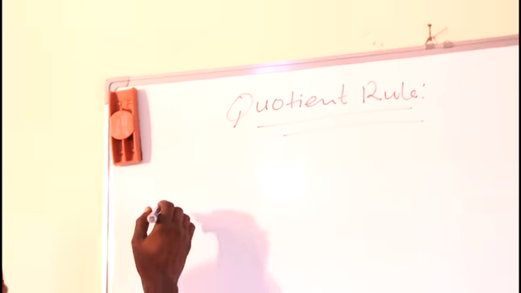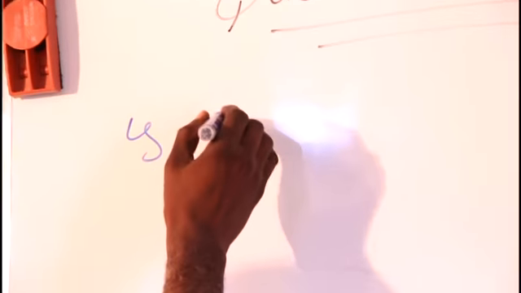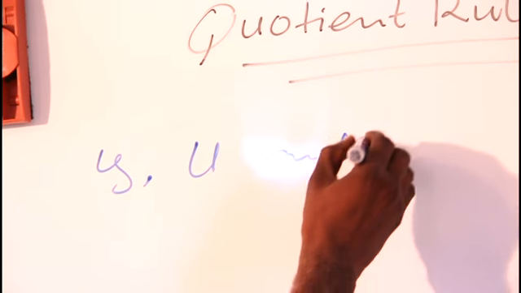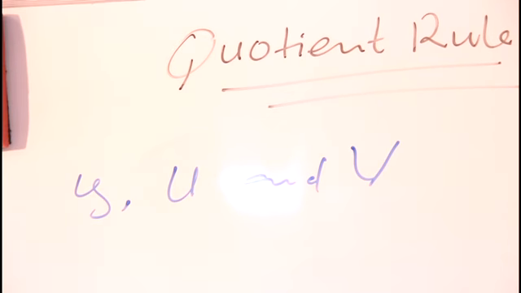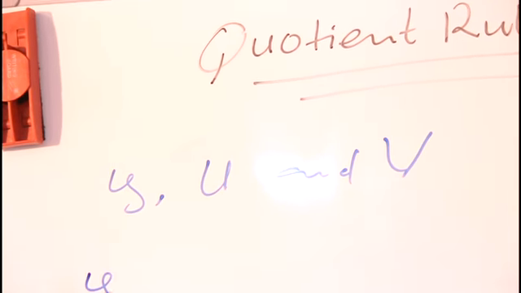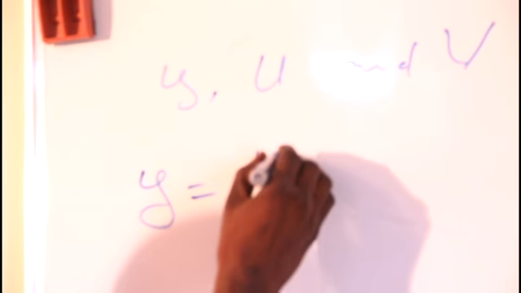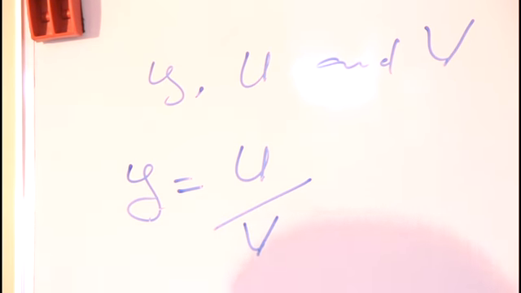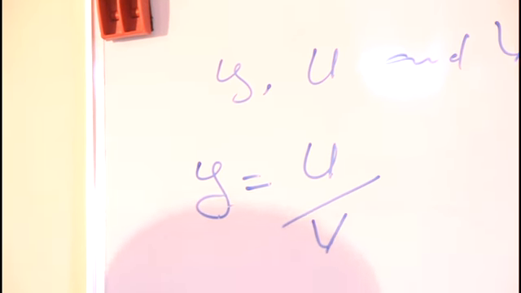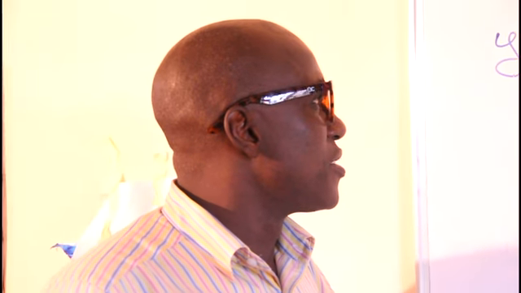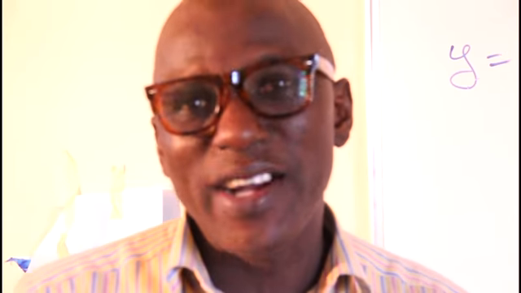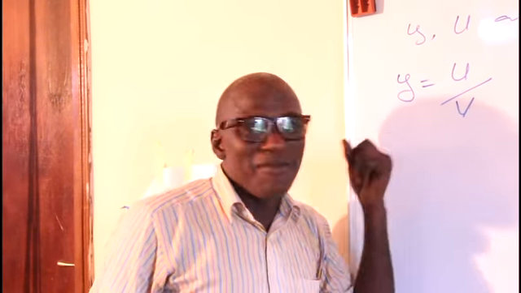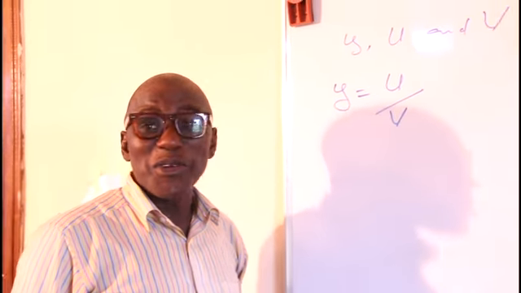Suppose we are given three functions, y, u, and v, such that the function y is equal to u over v. We can actually find the derivative of this function. By finding the derivative, it means we are going to find dy over dx of the same function. So how do we do that? Let's see.